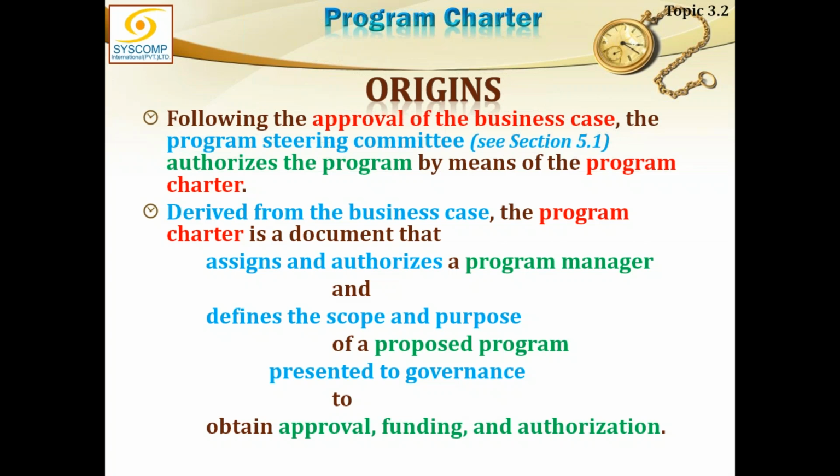Derived from the business case, the program charter is a document that assigns and authorizes a program manager, and defines the scope and purpose of a proposed program presented to governance.